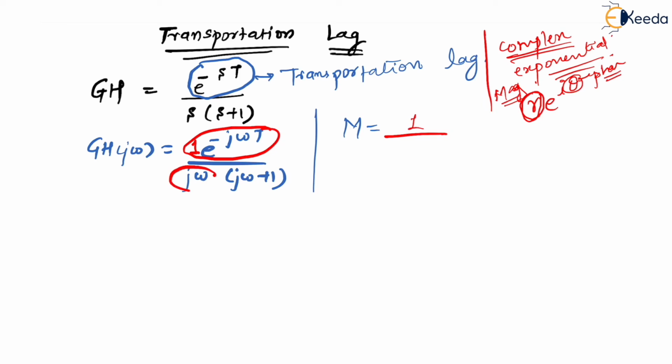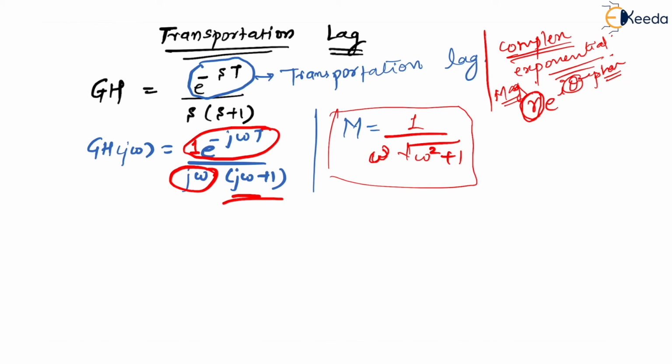What about the denominator? The magnitude of j omega is omega, multiplied by the square root of real part squared plus imaginary part squared, so it becomes root of omega squared plus 1. This is the magnitude.